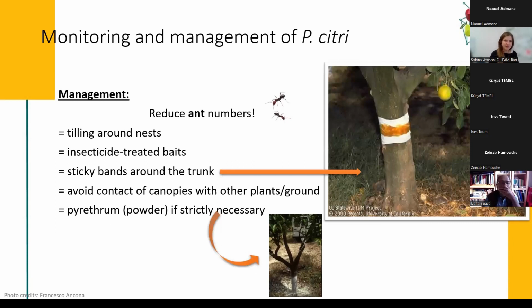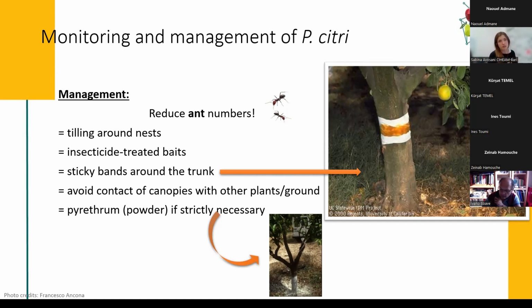Besides helping the enemies of the mealybug to thrive in your orchards, you need to reduce their friends, so ants. As you may know, ants love honeydew, so they move and protect the mealybugs. So you need to reduce their number. You can till or place insecticide-treated baits around the nest, but you can also place sticky bands around the trunk to prevent the ants from reaching the canopy.